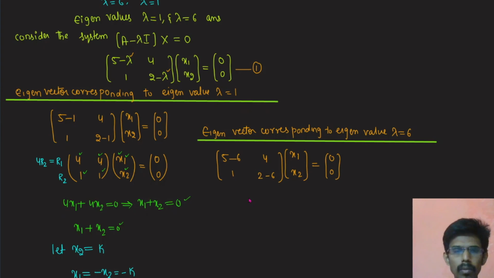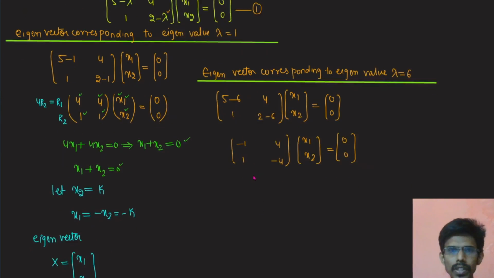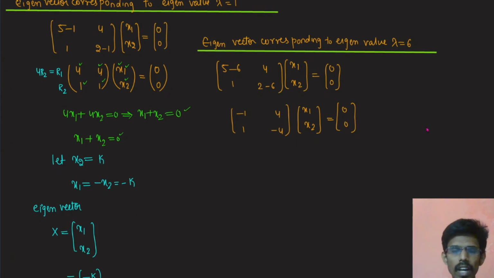Now this will become 5 minus 6 will be minus 1, 4, 1. This will become minus 4. Here we have x1, x2, 0, 0. Now see here, we have this matrix.